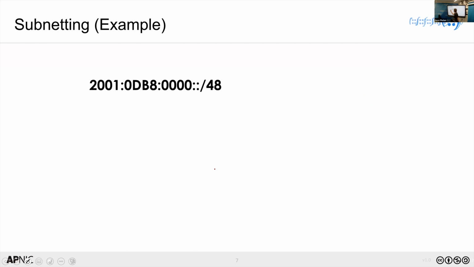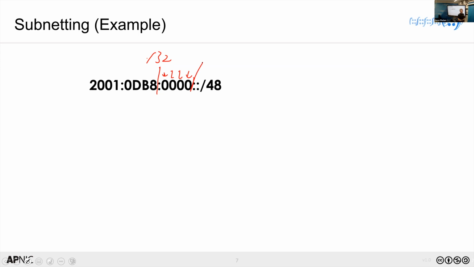So this is my address written out, including the /48. So there's my /32 boundary, and these are all 4 bits. All 4 bits, 4, 8, 12, 16. So that takes me down to my /48 here.